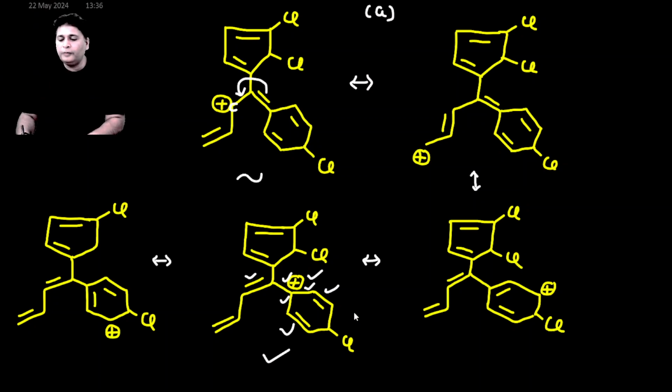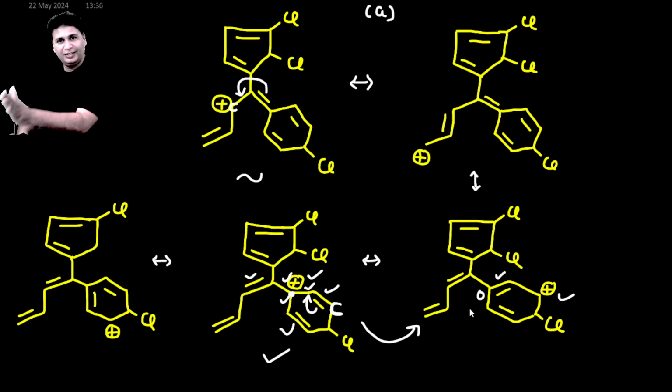The plus can go this way also and that way also. So if I do from the top side, you understand the pi bond shifts like this, and as it shifts like this, you make this structure. This carbon is going to lose electrons, so you understand a plus will come. This pi bond shifts one position, so you can see pi has shifted this way, and this carbon is going to get the electrons, minus will come, plus minus becomes 0.